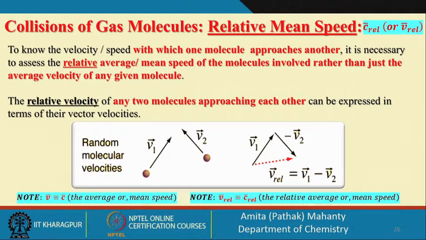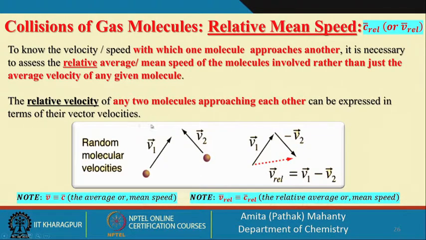So, we cannot take it to be 0, and we cannot take it to be twice the average speed. We just have to find a term which can be related to the average or mean speed, but we call that a relative mean speed, and this is the speed at which these molecules approach one another. That is what we are now going to discuss.